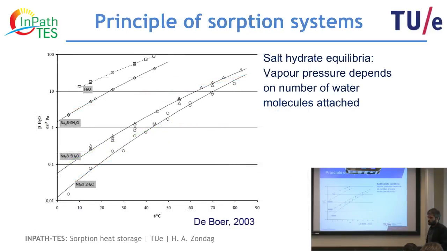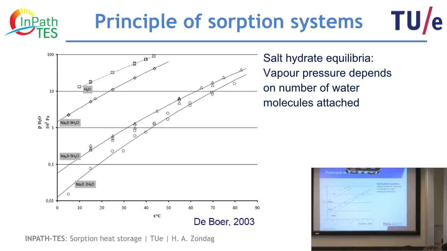Now, something similar I can do with salt hydrates. Over here, you see again the vapor pressure for water. And here you see the vapor pressure for sodium sulfate 10 hydrate, sodium sulfate 5 hydrate, sodium sulfate 2 hydrate. So again we have this logarithmic scale.